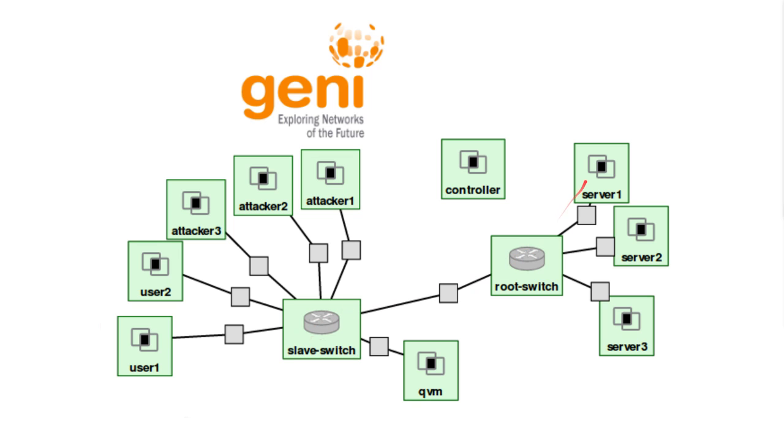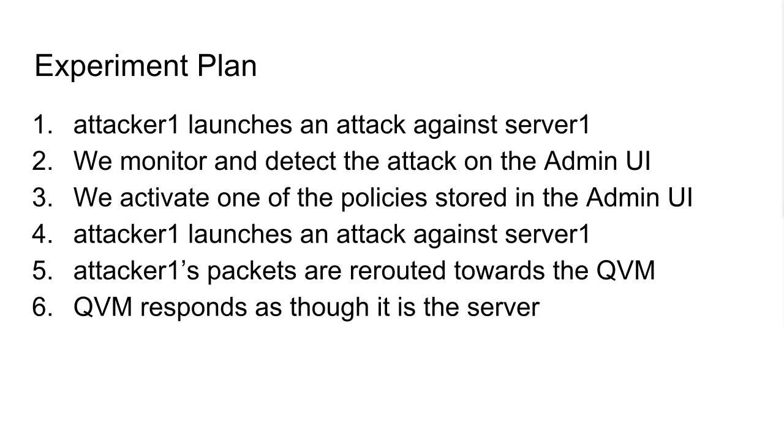I'm going to show you how, on the controller over here through our admin UI, we can push a policy update that will then begin rerouting that traffic from attacker 1 down here to the QVM. And the QVM is going to respond in the same way as server 1 responds. I actually just went over that, so we'll keep going.